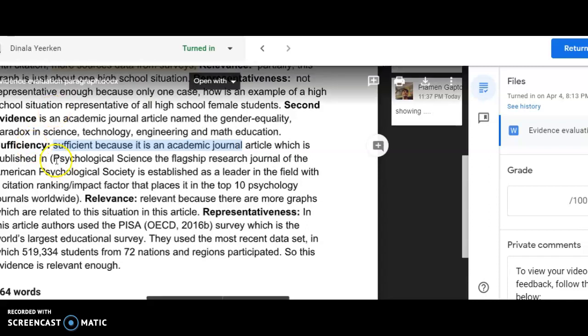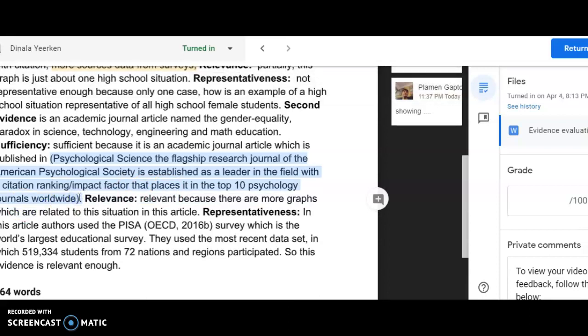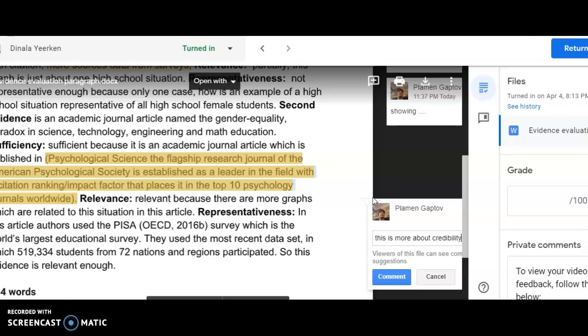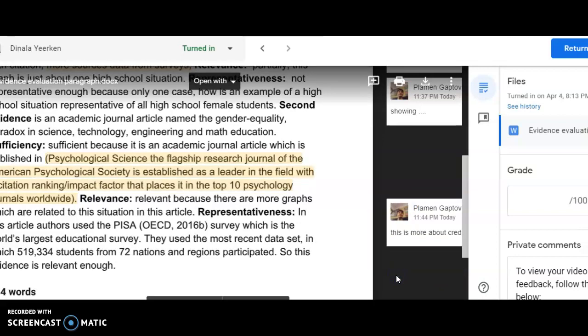All of this is just about authority and credibility, but we're not discussing those here. So in your paragraph, you can mention it, but that doesn't mean it's sufficient. Do you see? So this is more about credibility or reliability or authority, however you want to put it, but that does not automatically make it sufficient.